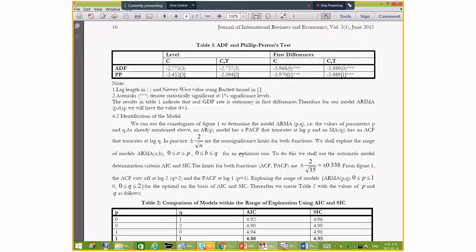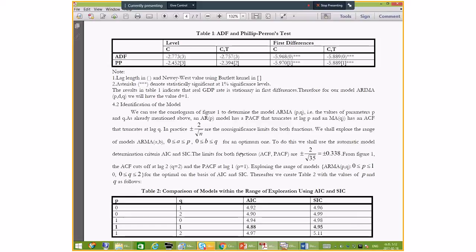Now, identification of the model. For this, we use the two limits of both functions, the augmented Dickey-Fuller.